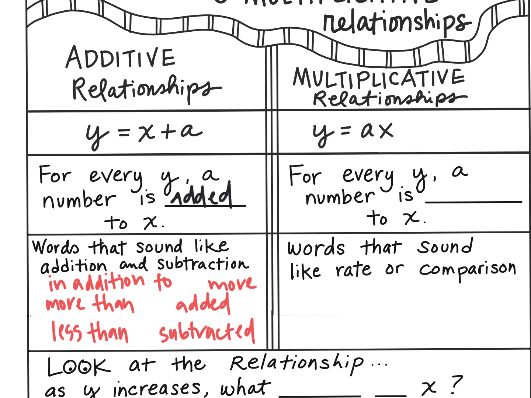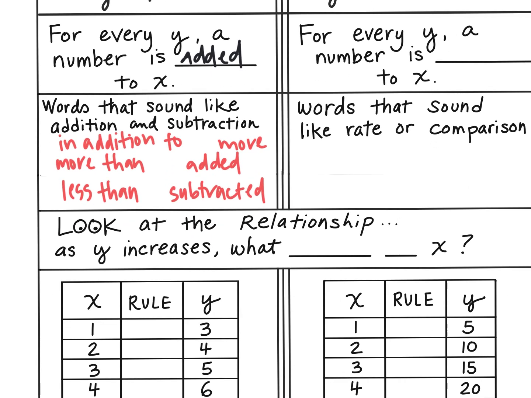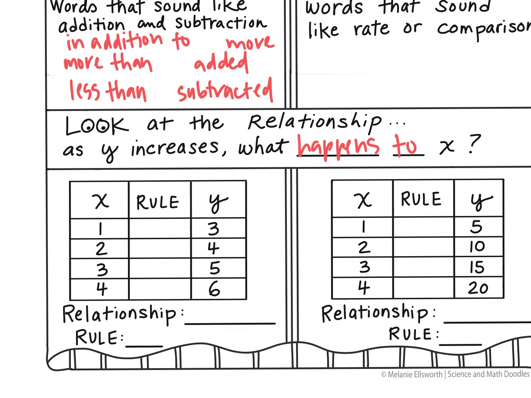Okay, now let's go down and look at the table. It says, look at the relationship as y increases, what happens to x? Now remember, I'm only looking at the left one. We're talking about additive. So remember, adding and subtracting are related. To get from x to y, what am I doing? 1 plus 2. X was my 1.